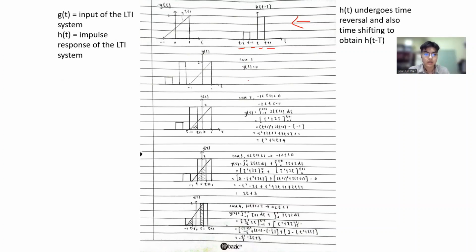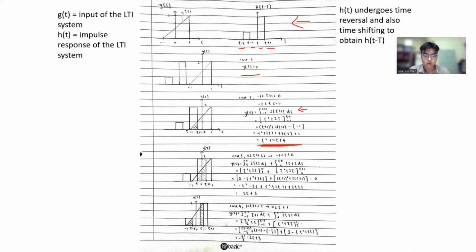For the first case, where t is less than -1, both graphs do not overlap with each other, hence we get y(t) equals 0. For the second case, between -1 and 0, we get an overlap between the two graphs. That's why we have an integration, and we obtain this result. As for case 3, when t plus 1 is between 0 and 1, we get full overlap of the first rectangular block with g(t).